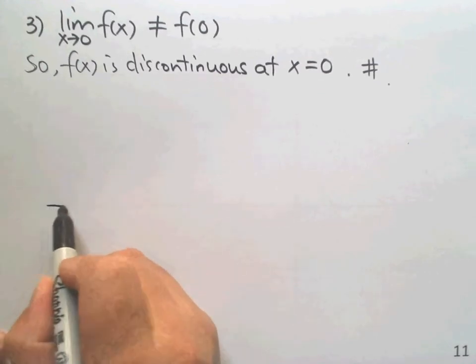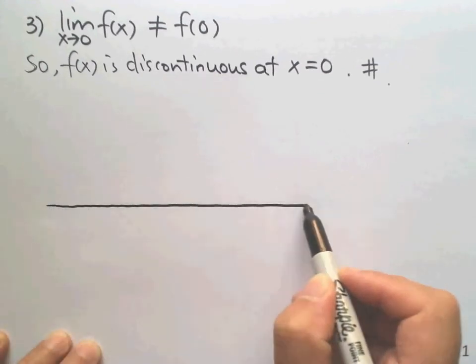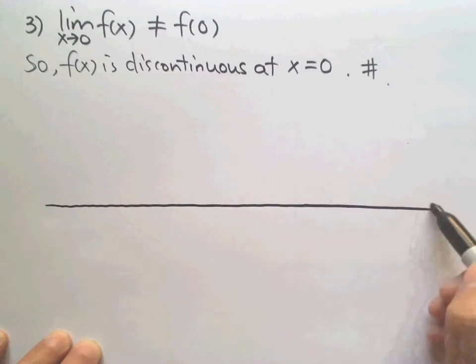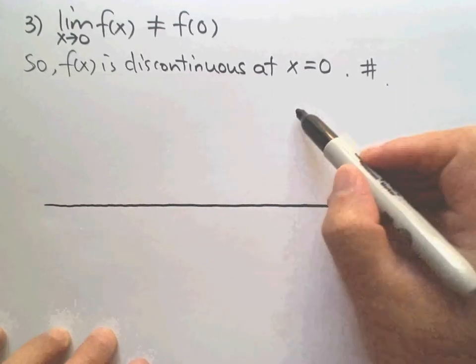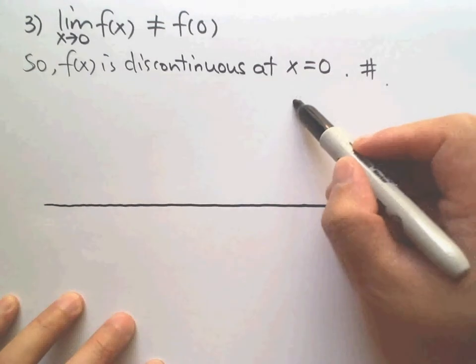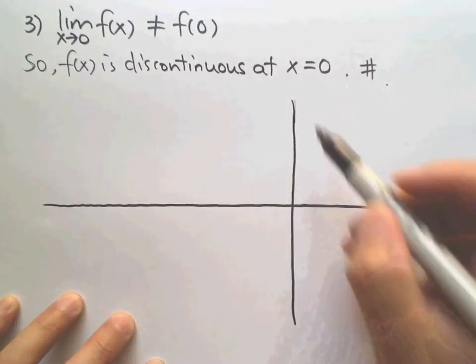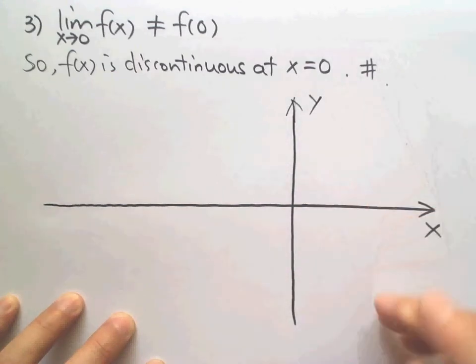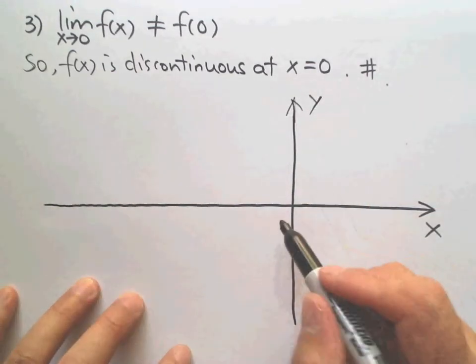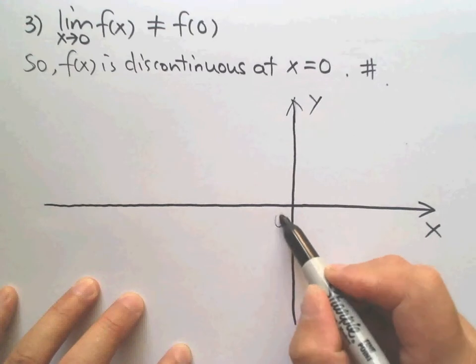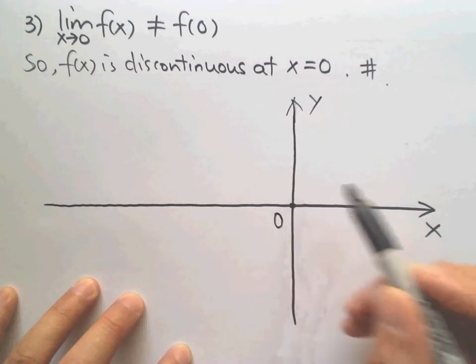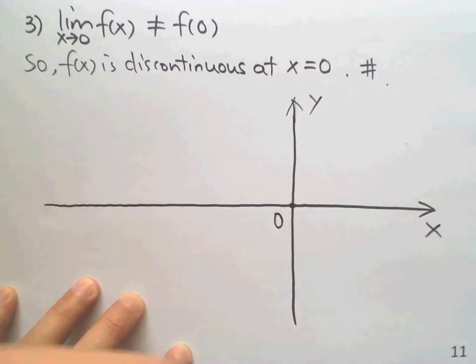First, let me draw the Cartesian system, x and y. I draw a vertical line for y, and then I put a 0 here, the origin.